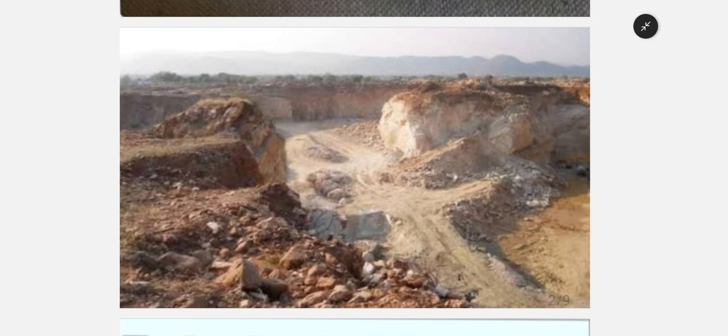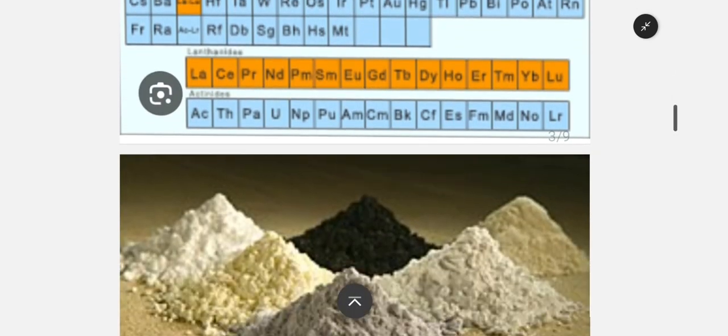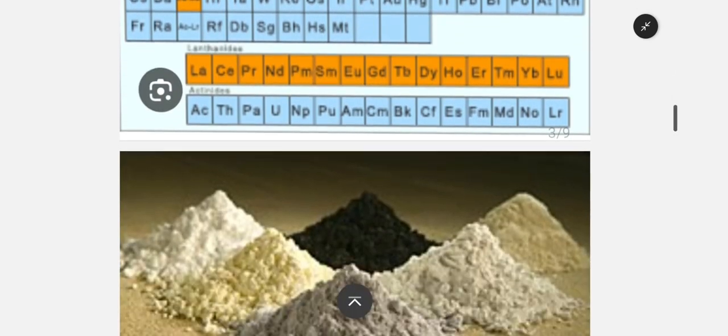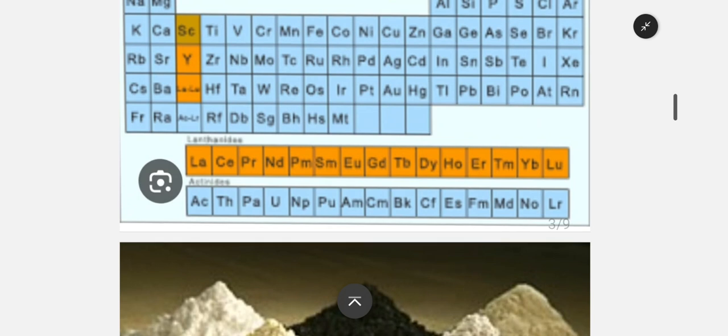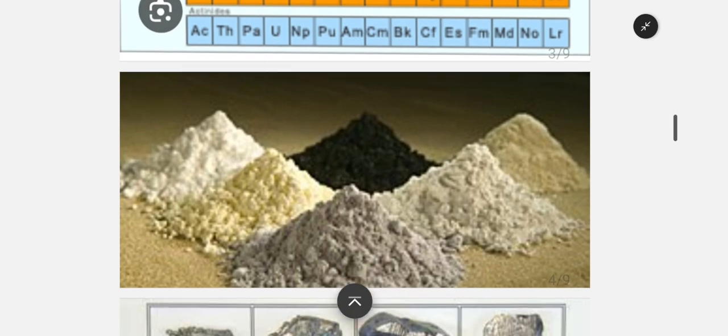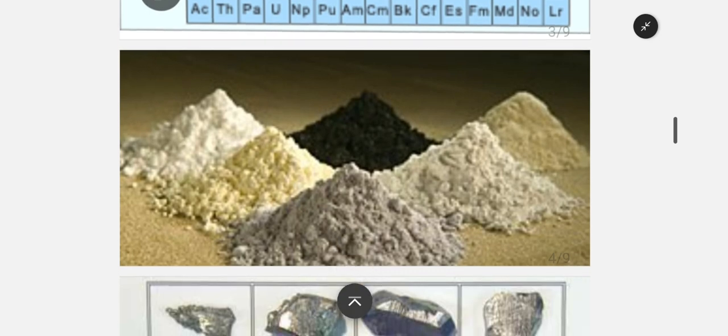By the way, you can see that India is mostly dependent on China when it comes to rare earth elements. They are a source of clean energy. There are about 17 rare earth elements. You can see La, Ce, Pr, Nd, and so on. India is generally an importer.